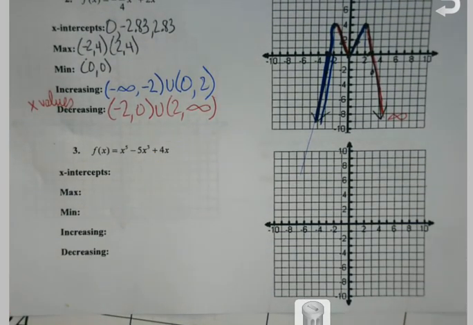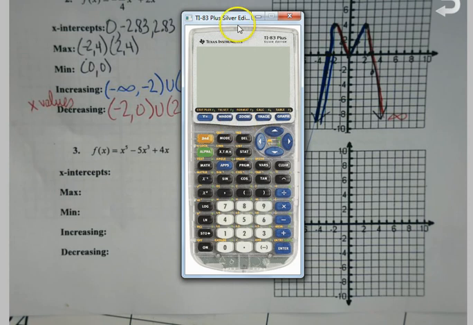One more normal one. All right. x to the 5th minus 5x cubed plus 4x. Make sure we're good. Looks good to me.